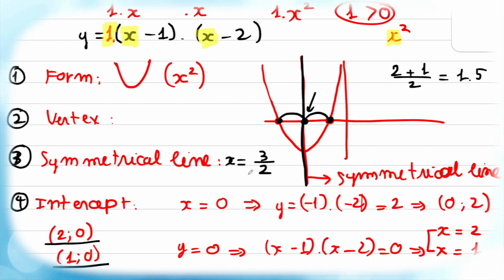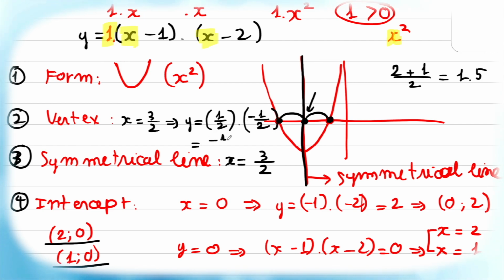After that, it's quite easy to figure out the value of the vertex. When I have the function here, I just take x equal to 3 over 2 and calculate the value of y. Substitute into the brackets: 3 over 2 minus 1 means 1 over 2, and 3 over 2 minus 2 means minus 1 over 2.